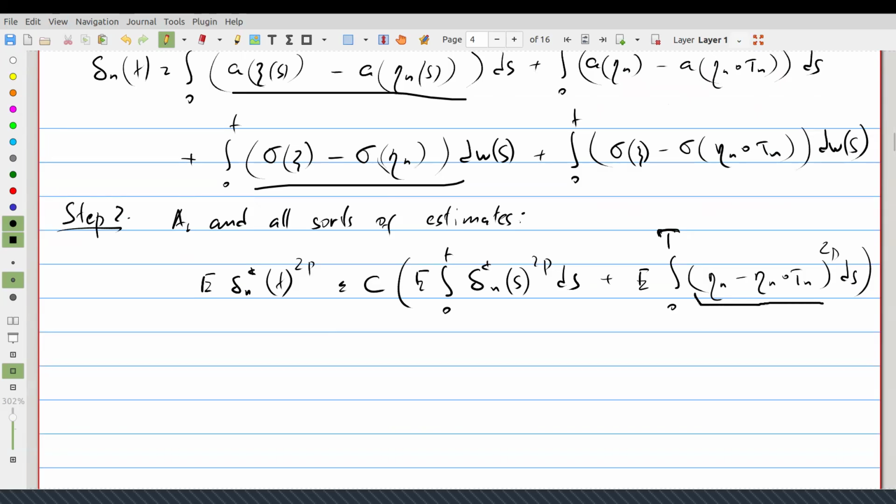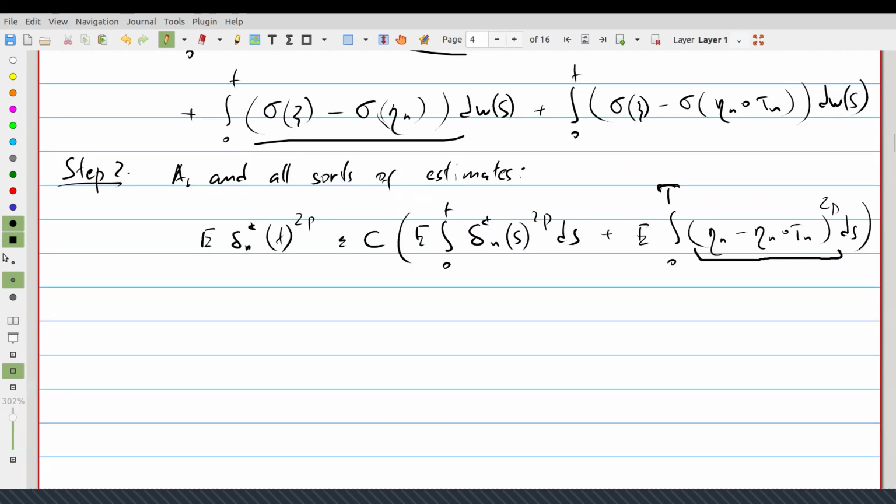So now we need to estimate this local error. Let's do it separately.